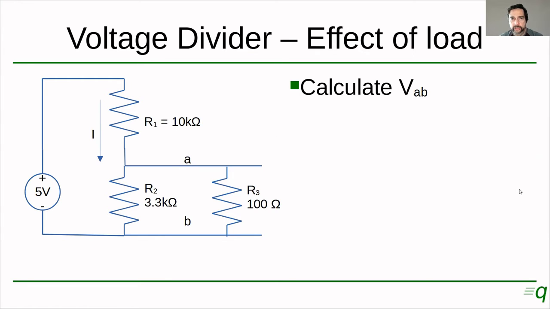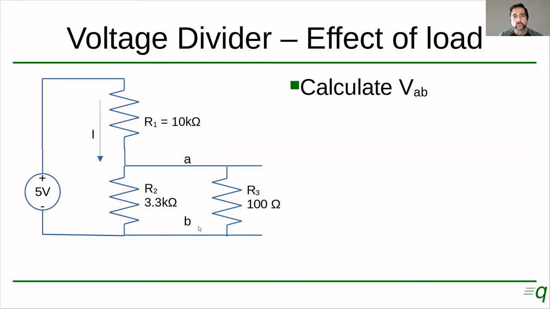Let's have a look at the effect of the load in a voltage divider. So we calculated the voltage in this circuit without this resistor here between the points A and B, and we ended up with 1.25 volts.